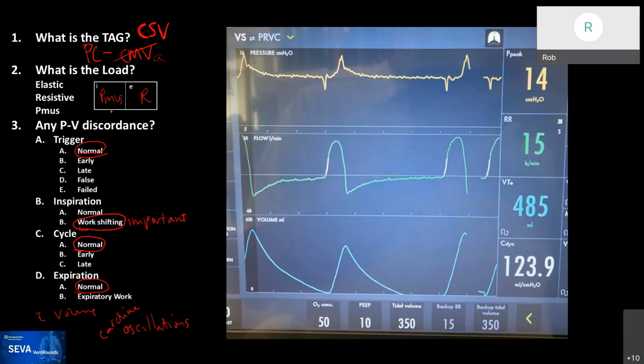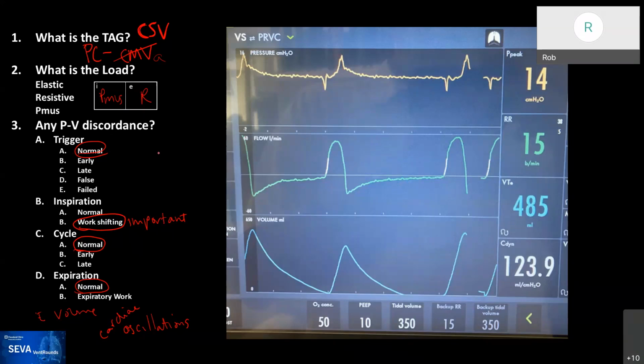We have PMUS. As far as the expiratory load, that looks pretty much exponential on the flow waveform. We see cardiac oscillations. Although it's a fairly long time constant at 1, 2, 3, there could be a little bit of expiratory resistance in there.